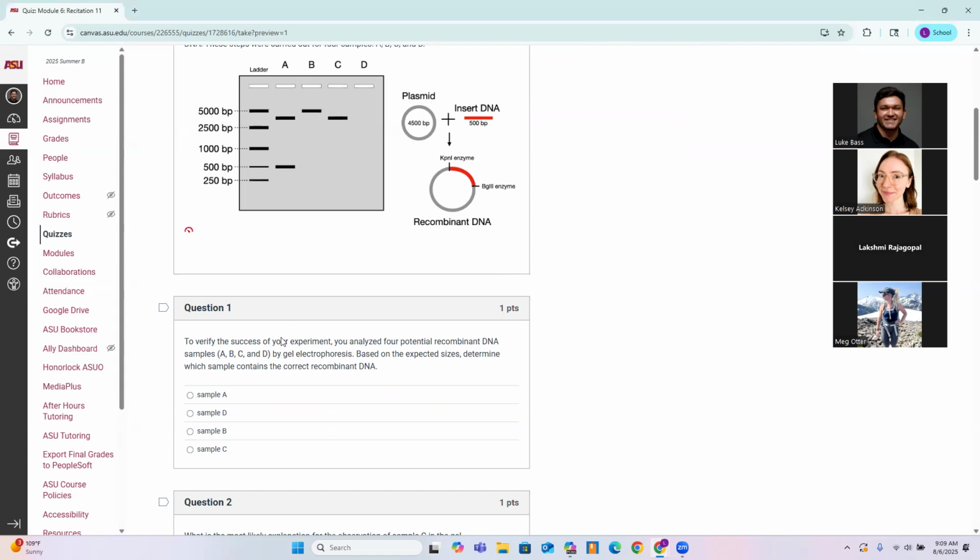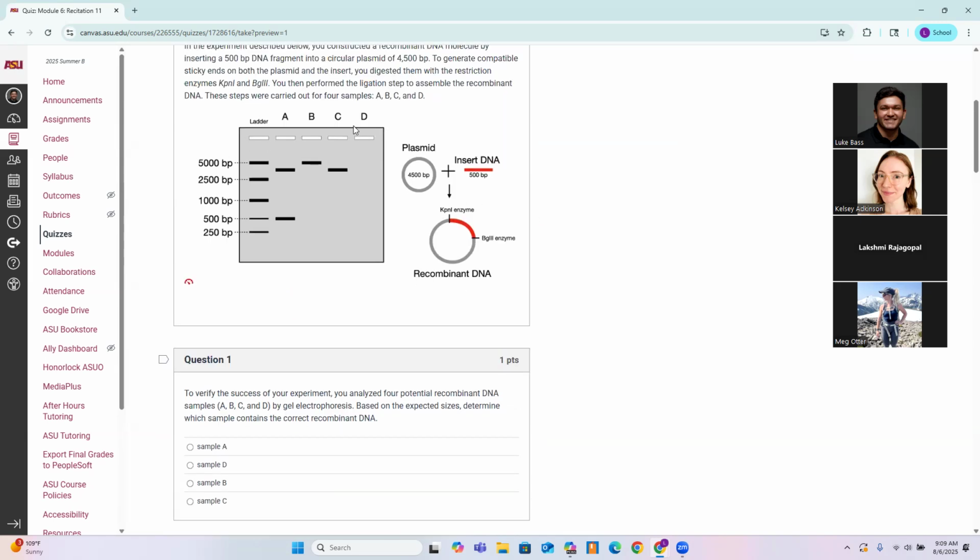Looking at this question, obviously you want to verify the success of this ligation experiment. One way to verify that it worked is to cut up this recombinant DNA.